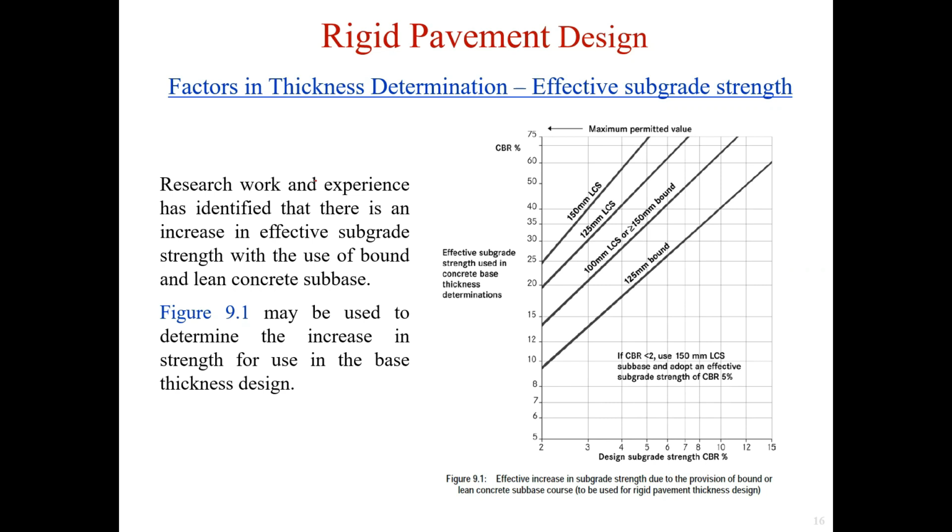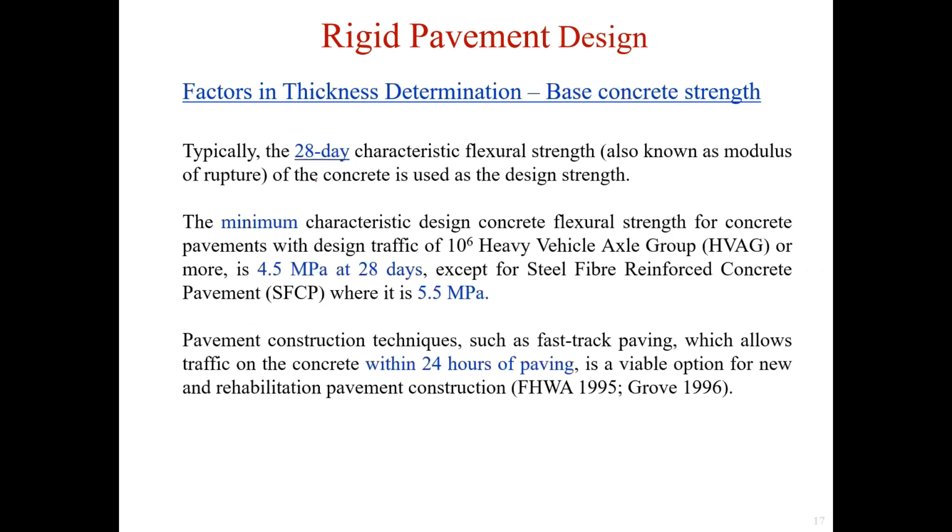base thickness design. We will talk more about this figure in the later part of this lecture. But now, the next factor in thickness determination is base concrete strength. Normally, the 28-day characteristic flexural strength of the concrete is used as the design strength.